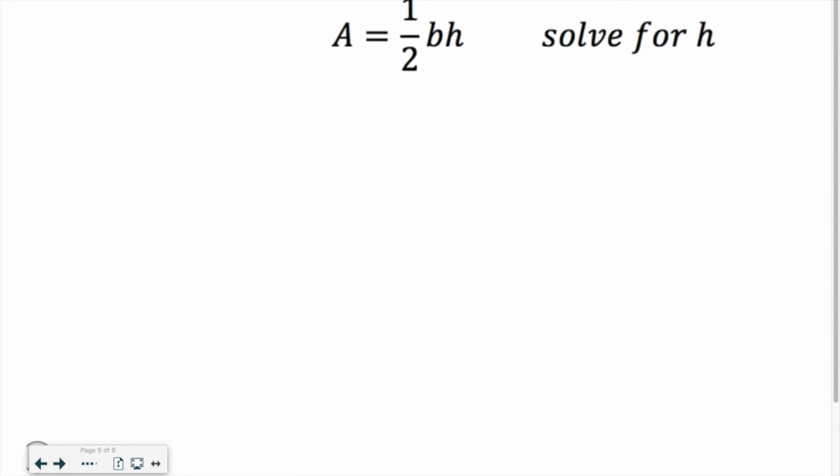Next one is the area of a triangle, sorry. So we're solving for h. First thing we're going to do is get rid of this fraction. So we are going to multiply by the reciprocal, which is 2 over 1.